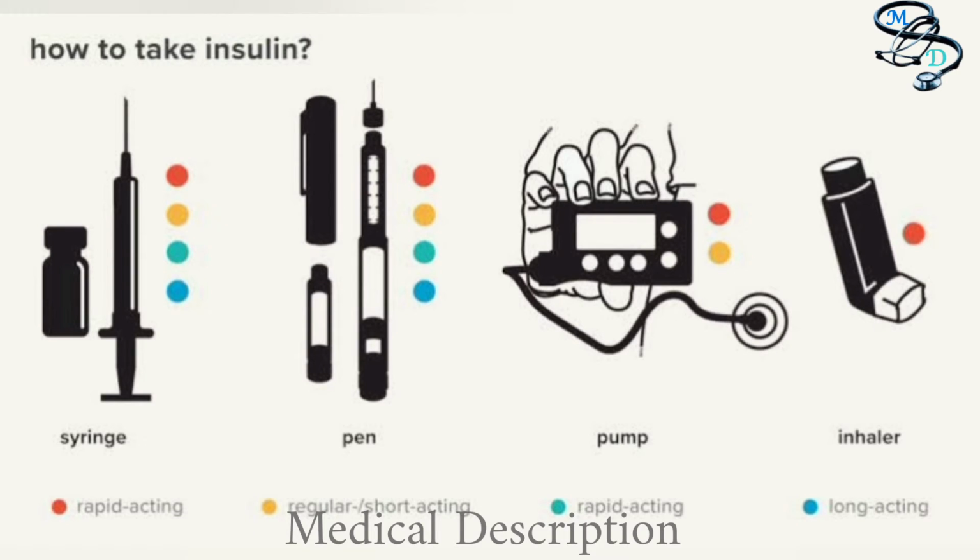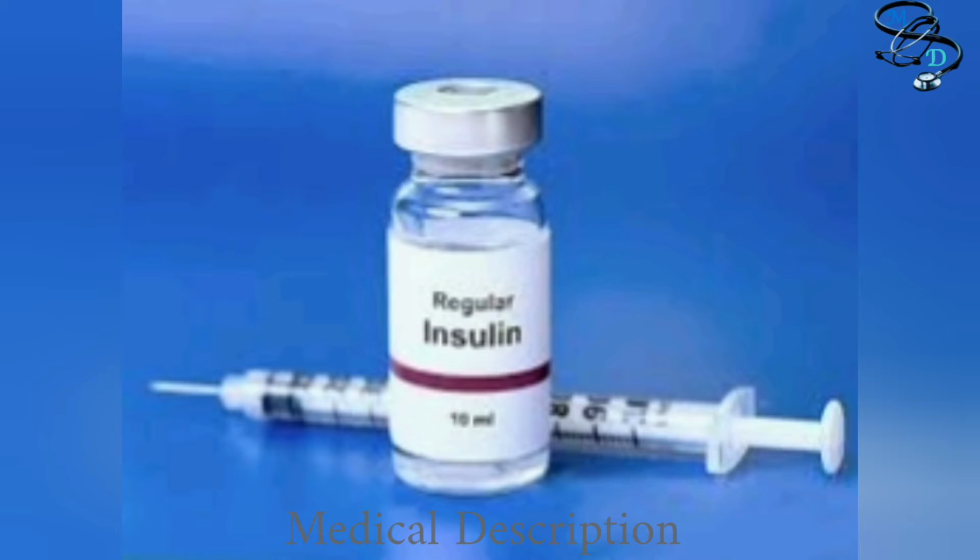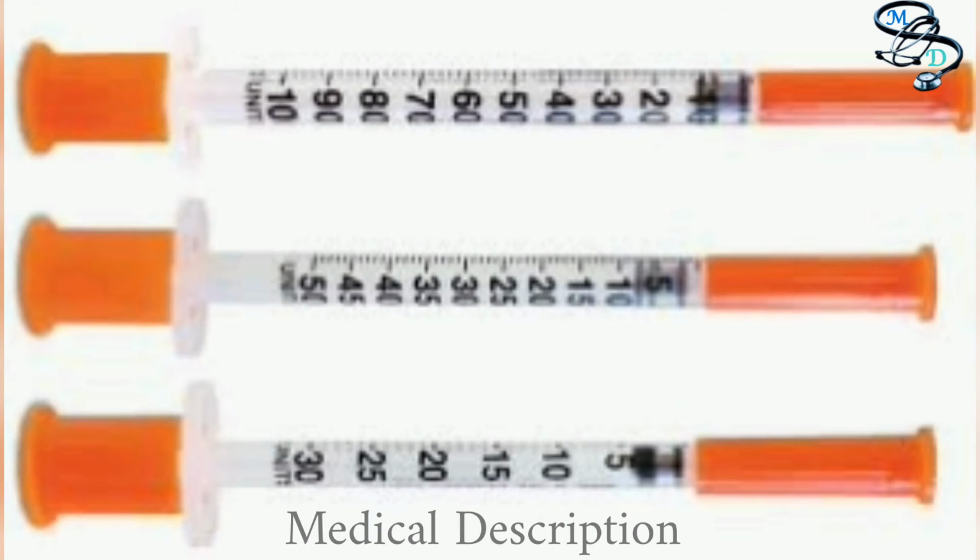For insulin administration, we have two routes of delivery. The first one is the injection route and the other one is the infusion route. Injection is the most common type, given by the insulin syringe delivery method, and the classic injection device is an insulin syringe. The plastic disposable syringes are currently available in three sizes, up to 30, 50 and 100 units of insulin.